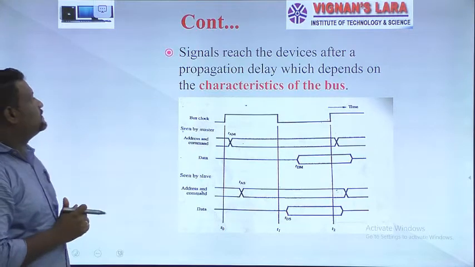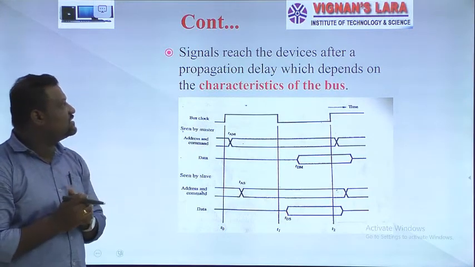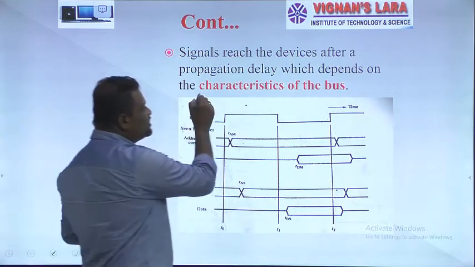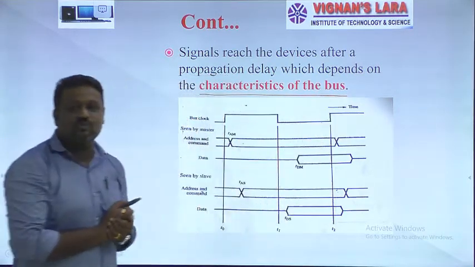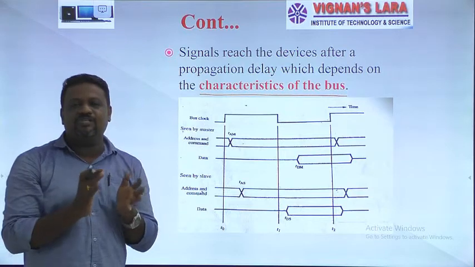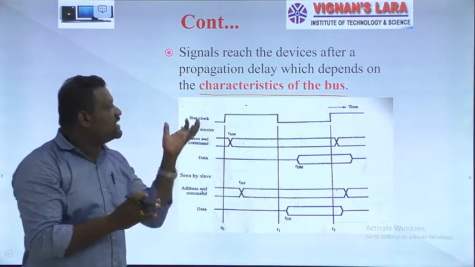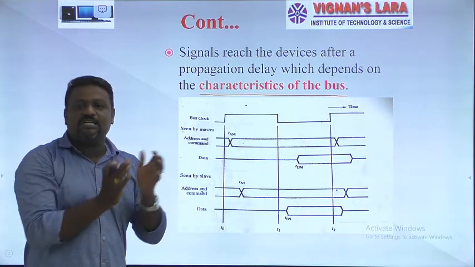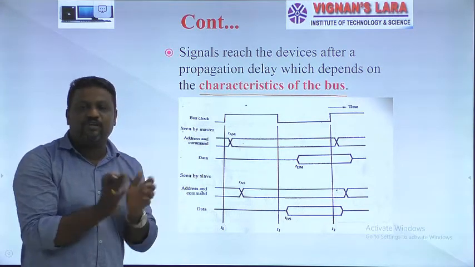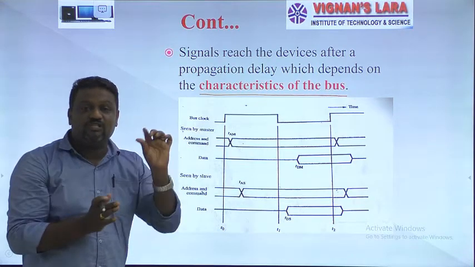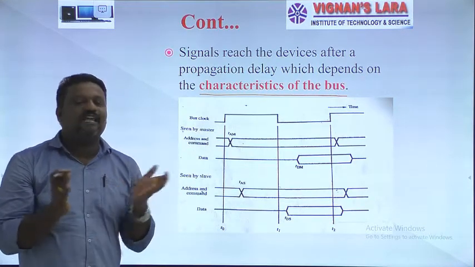Next, the signals reach the devices after a propagation delay, which depends on the characteristics of the bus. Yes, it is true. Yesterday we clearly mentioned that. We are talking about bus data transfers, the data transferring over the bus. How fast we transfer data from one device to another depends on the speed of the bus as well as its electrical characteristics.